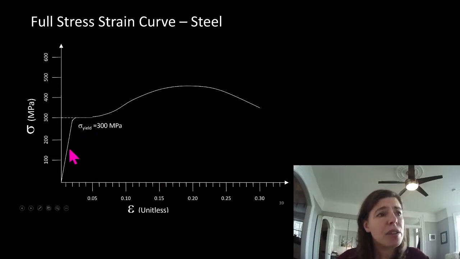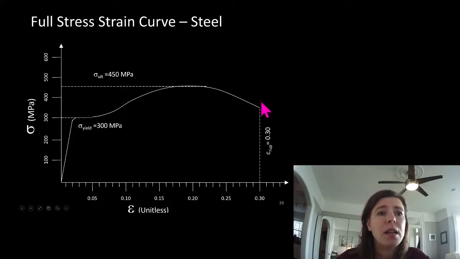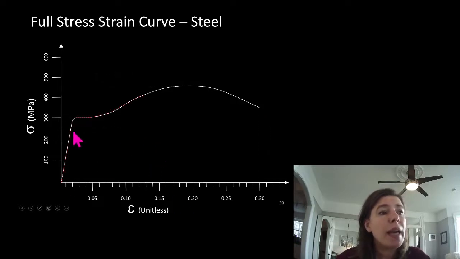So, yield stress, ultimate stress, strain at rupture, so this is when our material finally broke apart. If we loaded the object up to here, so we've put this much force on it and we've experienced this much strain, if we unload it, we will come back down to here. This is our residual strain.